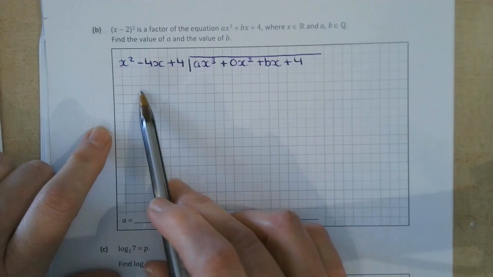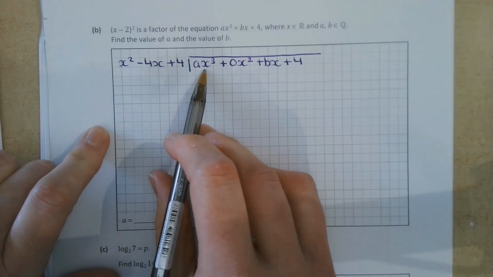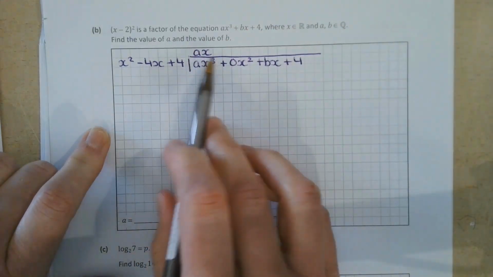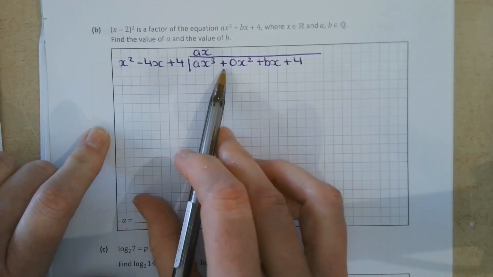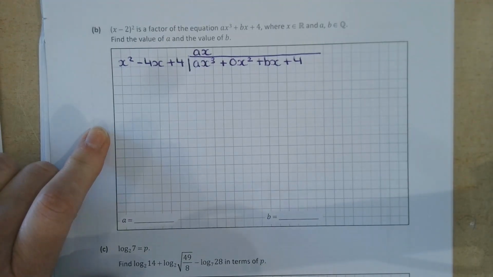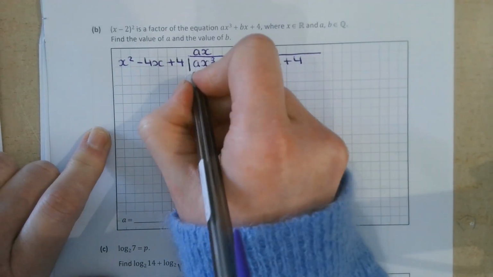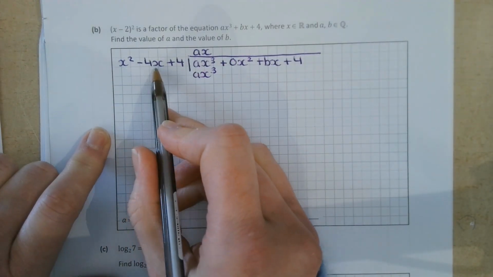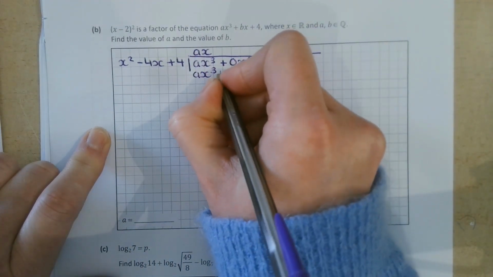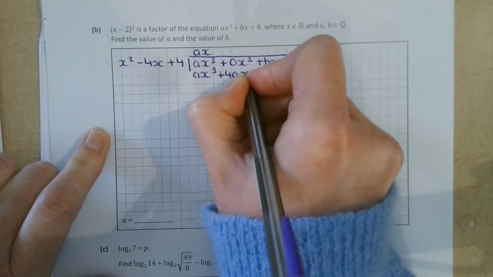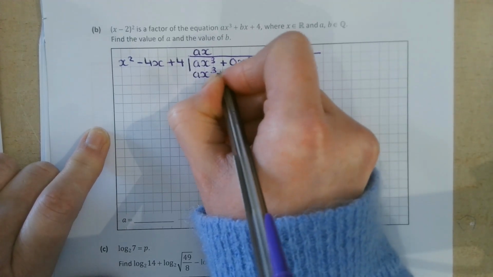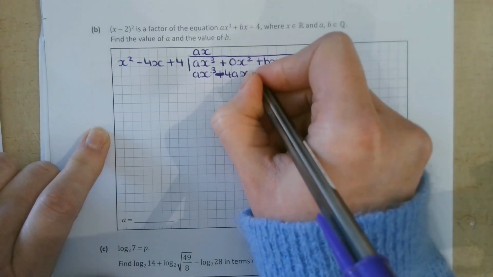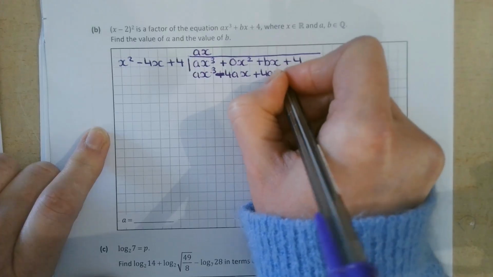So we do our algebraic division. x squared divided into ax cubed is going to go ax times, so we multiply ax by x squared to get ax cubed. Multiply our minus 4x by the ax, we get minus 4ax squared. And then multiply by the plus 4, we get a plus 4ax.